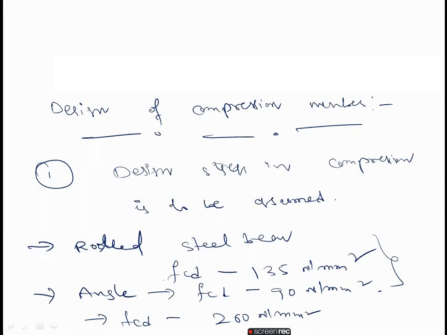So if you take the rolled steel beam, the value is 135 Newton per mm square. If it is an angle strut, the value will be 90 Newton per mm square. Like that, you have to assume. This is the first step. Once you assume the FCD value, the second step is the effective sectional area.